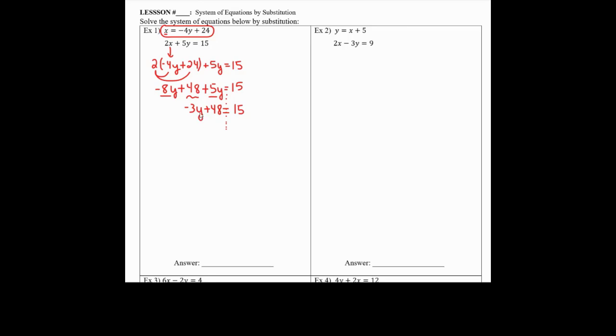Now, I need to get the y alone, so I'm going to send the 48 to the other side. So when you change sides, you change the sign of the number. So that means that 48 is going to become negative 48. The negative 3y, we're going to bring it down. And the 15, we're going to bring it down.